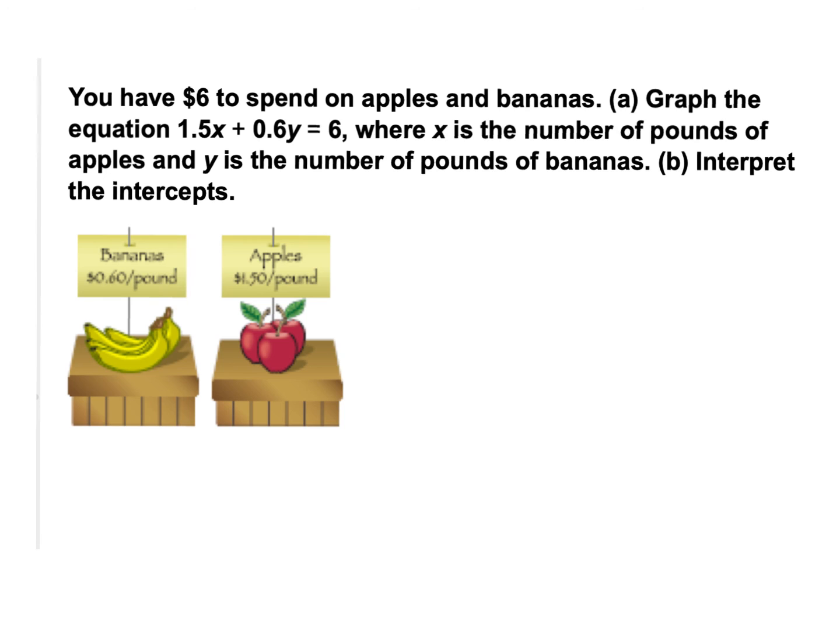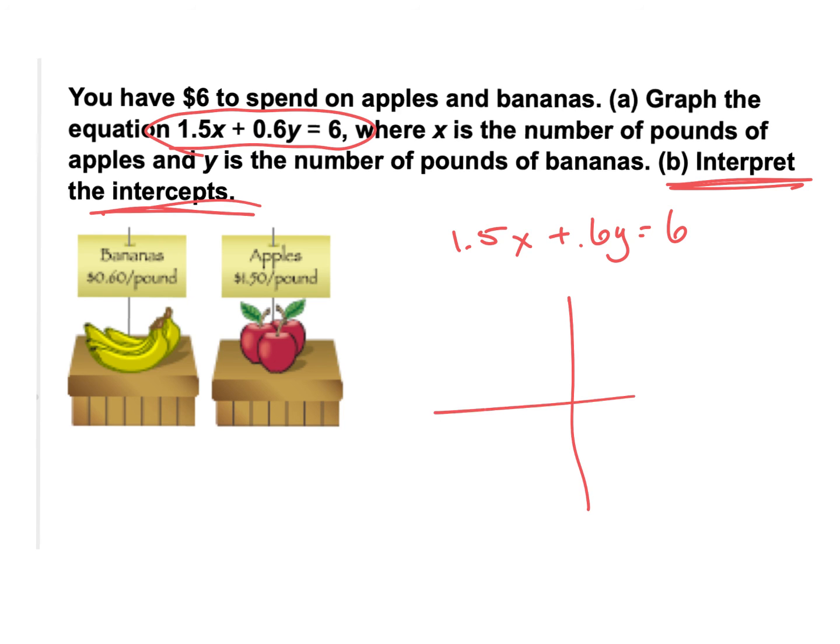So graph the equation. Here's our equation. You can do intercepts. You can change it to slope-intercept form. It's totally up to you. This is one where I would probably do intercepts. But more importantly, they want you to interpret the intercepts. What do they mean? So let's say I have my graph. What does it mean when it crosses the y-axis?